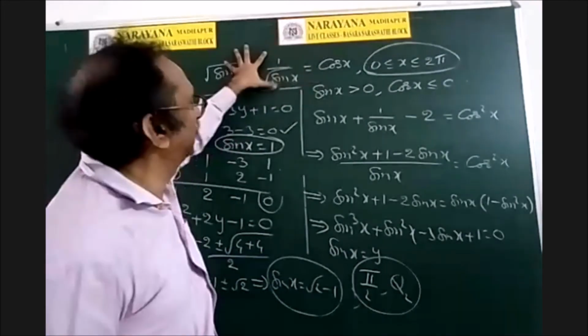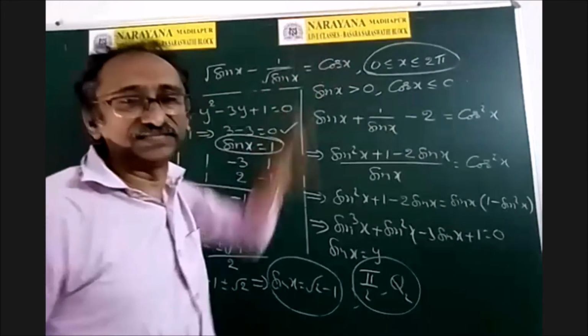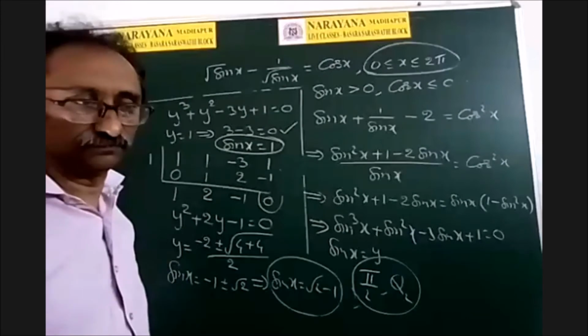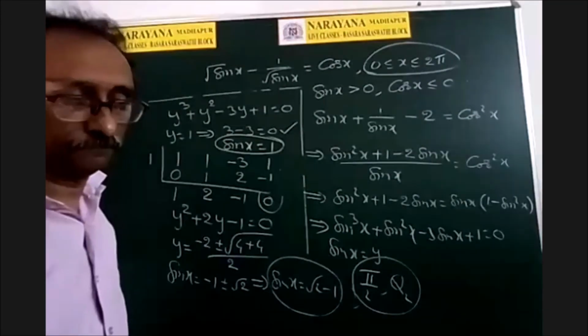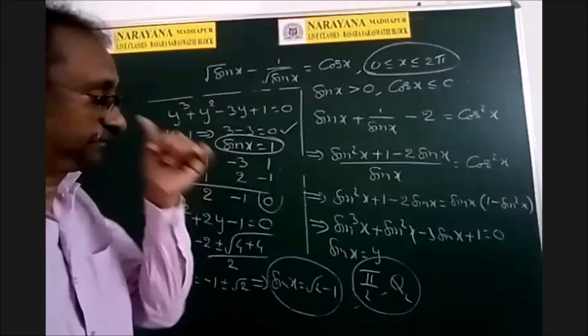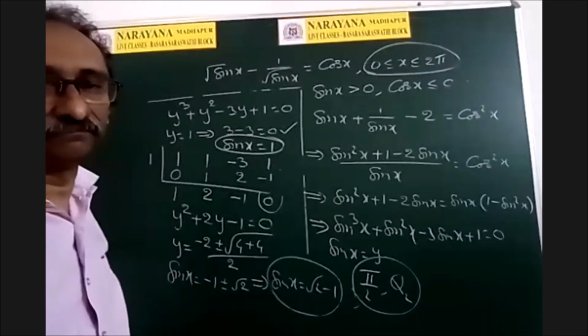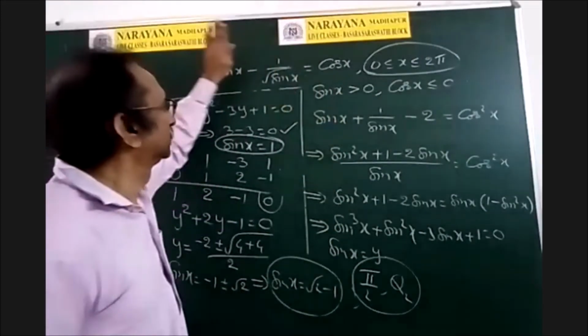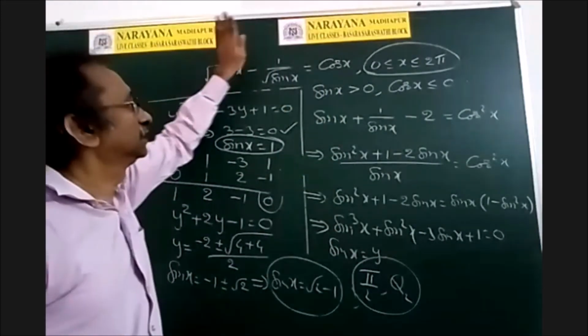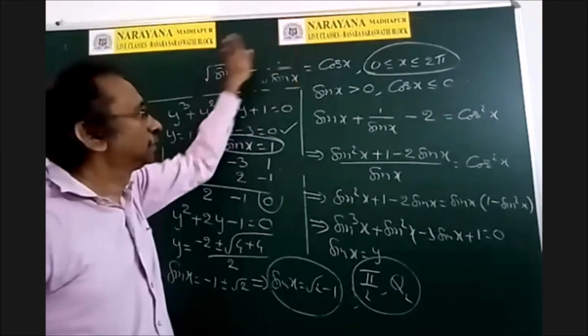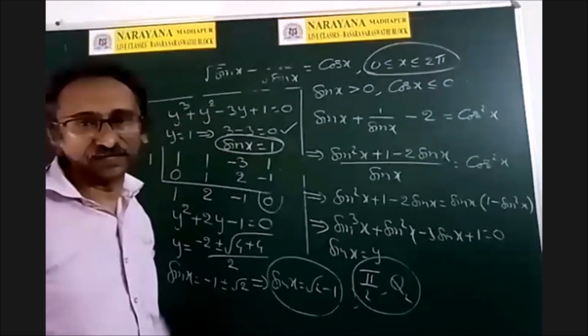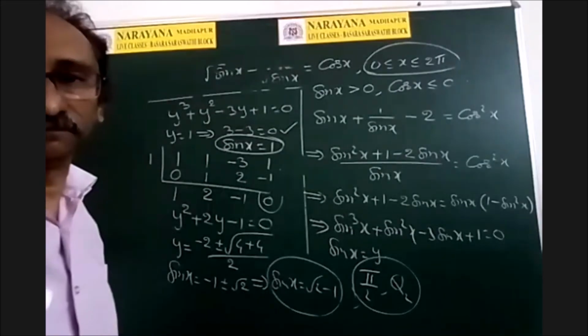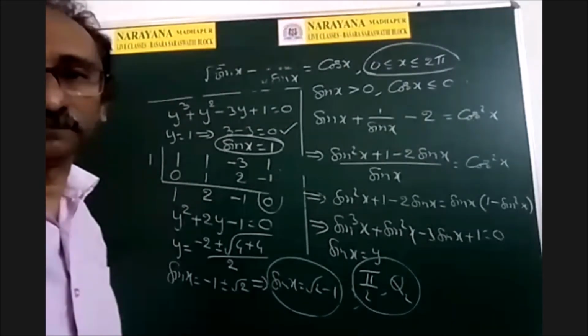Negative. So left hand side is negative means right hand side is also negative. So you won't get positive here because this is always a proper fraction and this is always an improper fraction. Proper minus improper means you will always get a negative value. Yes, thank you, sir.